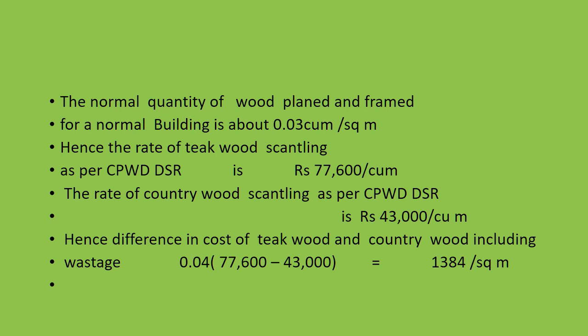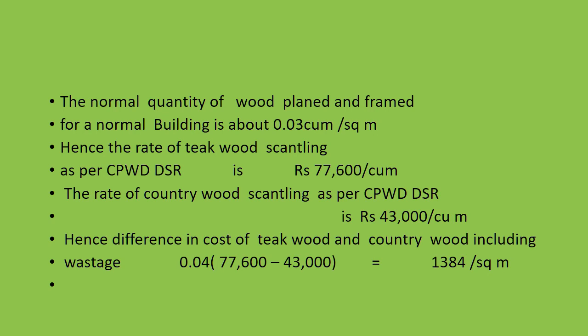By experience, and working out the quantity of wood for 20 buildings and flats, it has been arrived that 0.03 cubic meter per square meter is the woodwork share in a building. Adding wastage etc., it is taken as 0.04 cubic meter per square meter.